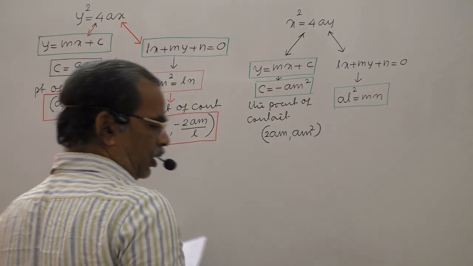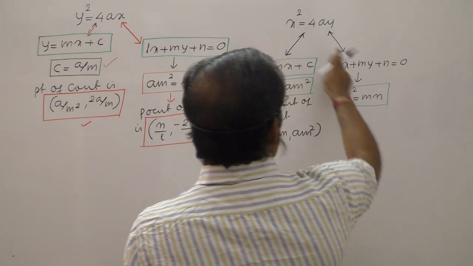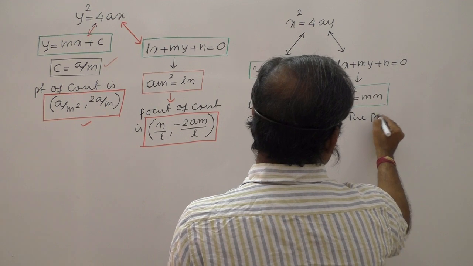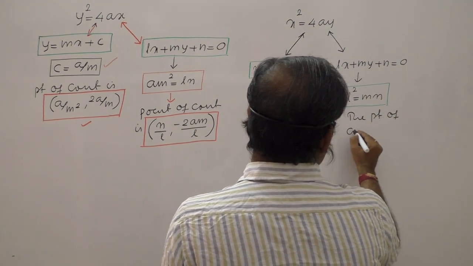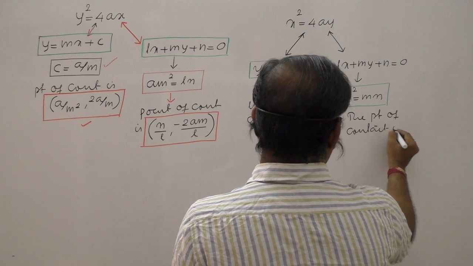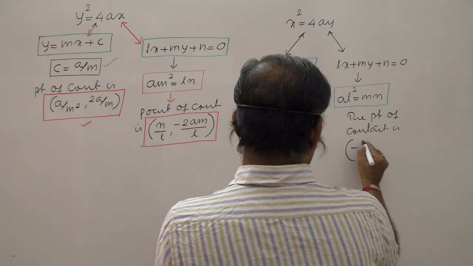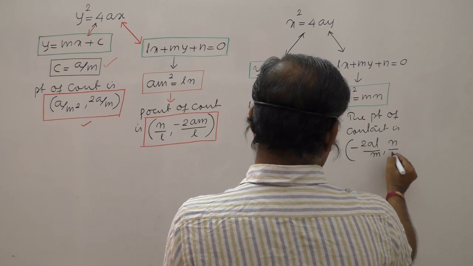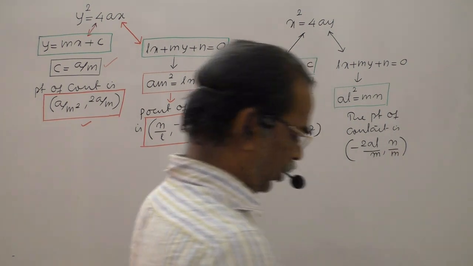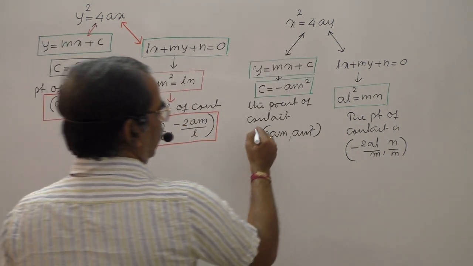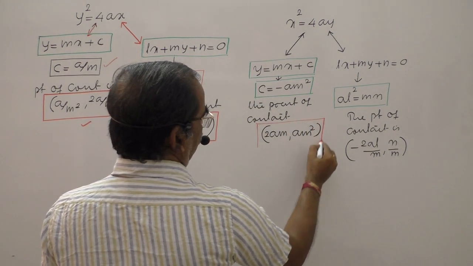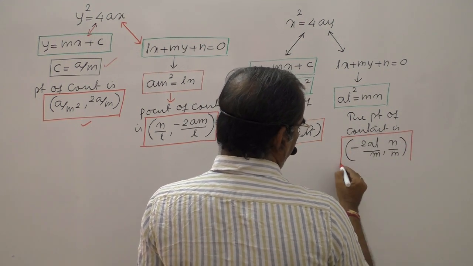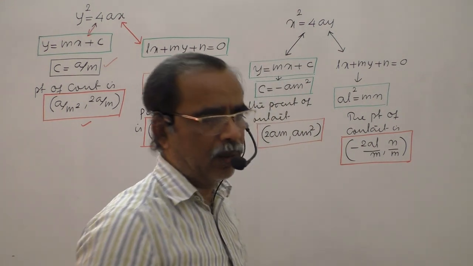This is the point of contact if the parabola is touching this line with this condition. For the general form, the point of contact is minus 2al by m comma n by m. For this one, the point of contact is 2am comma am square.